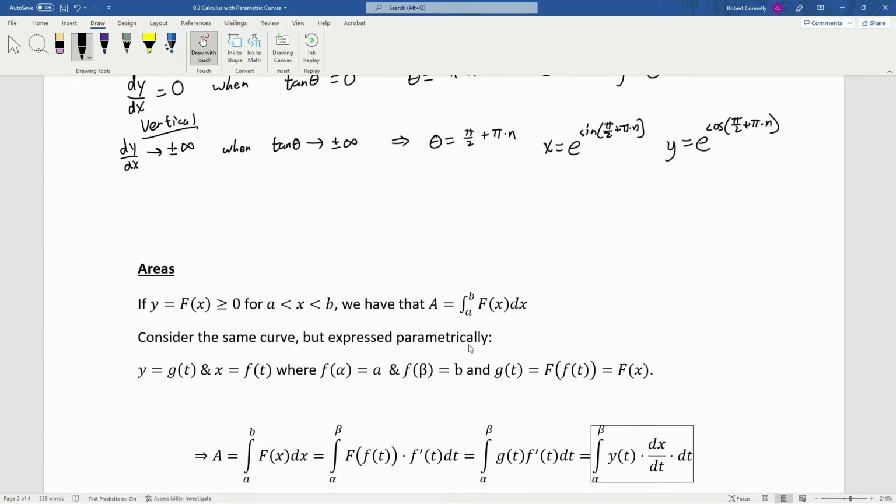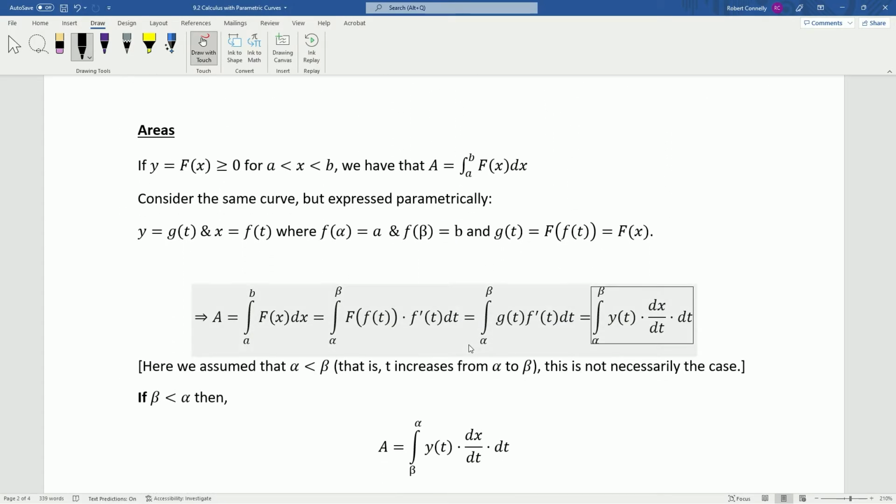Okay, so let's move on away from tangents and move on to areas. So this is a slightly more complex problem. Let's just take a look here. So first we're going to consider, of course, the case where y is positive, because usually when we're talking about areas, we want to restrict to positive areas above the curve.